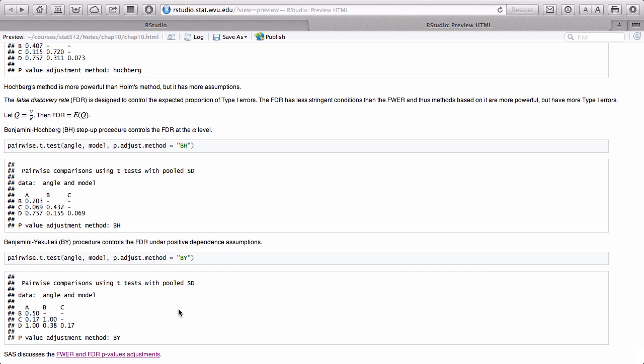So it's sort of up to you. If you want to be a bit more conservative and not so conservative as the Bonferroni or as liberal as Fisher's LSD, there are these intermediate procedures that you can use.